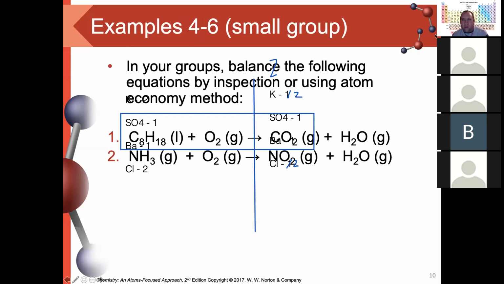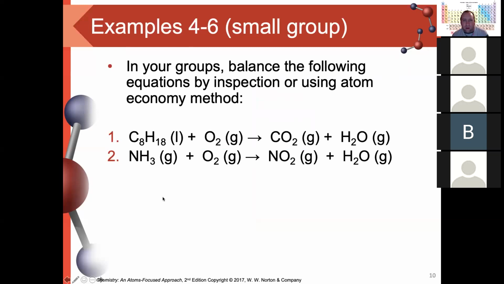All right. So what I want you to do then is take a couple of minutes, go ahead and copy these down, and try to balance these two equations on your own. They're both combustion reactions, so they're on the tougher side.